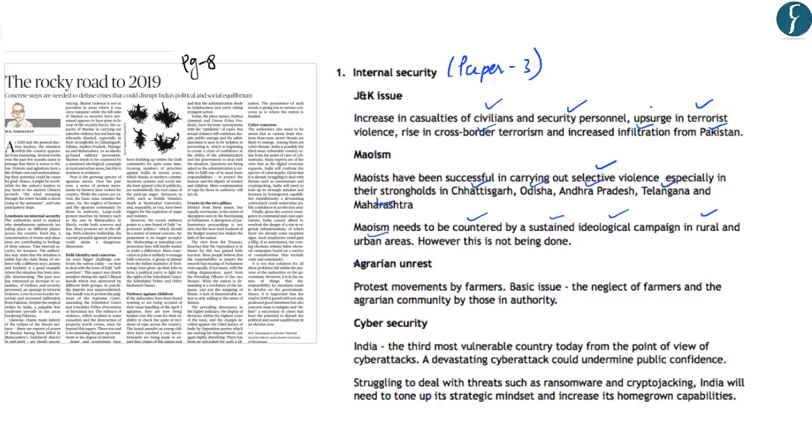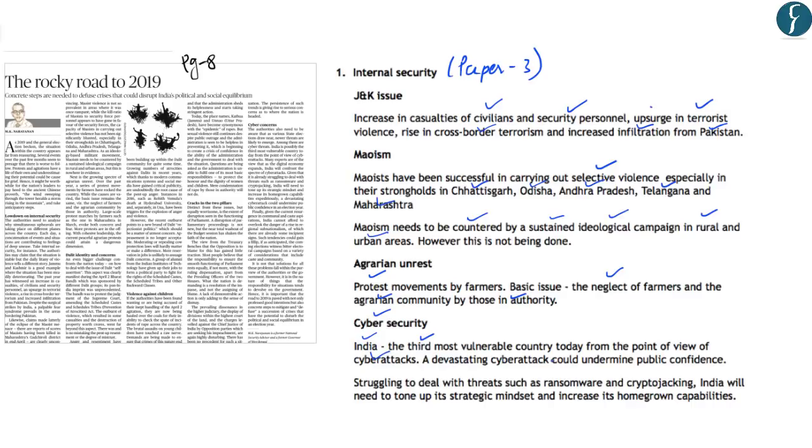The next topic that is discussed is the agrarian unrest in the country. There have been many protest movements by farmers in the country, and the basic issue still remains the same, that is, the neglect of farmers and the agrarian community by those who are in authority. And the last internal security issue discussed by the author pertains to cyber security, where the author has said that India is possibly the third most vulnerable country today from the point of view of cyber attacks.